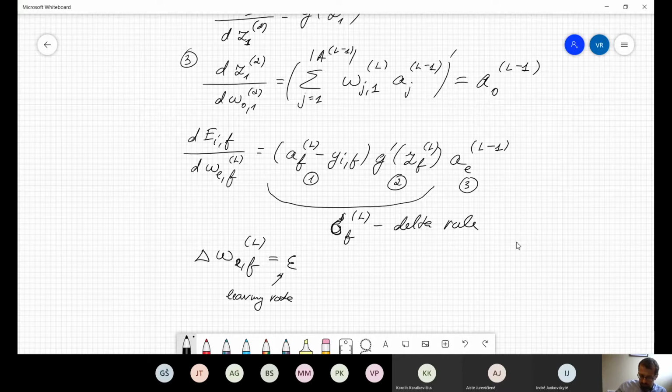Remember, this is the hyperparameter, multiplied by the delta of the F's neuron on the L layer, on the final layer, times the activation, which is coming from the E's neuron on the layer before the final one.